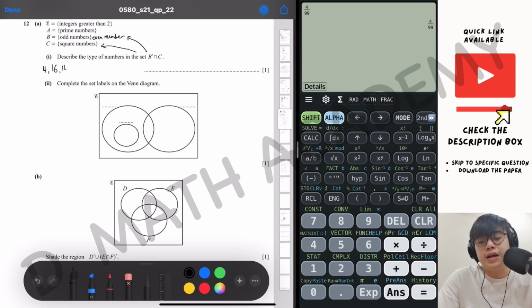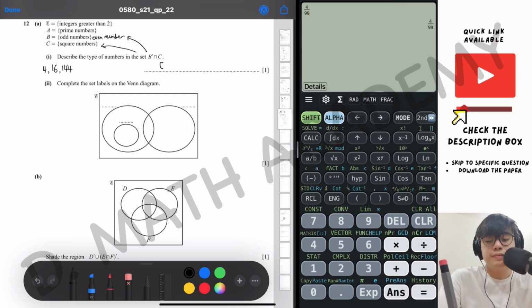All these are even numbers, and they also qualify as squared numbers. So when I write down the details, it will be even squared numbers for this. So 1 mark for us.